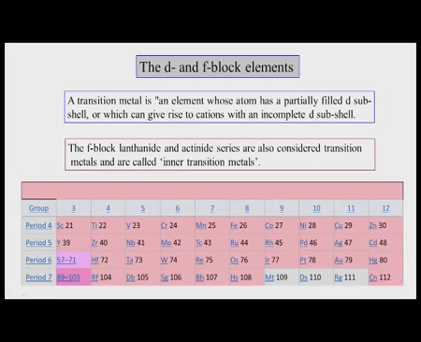We have already defined this, so we are excluding zinc, cadmium and mercury from this list, because these are group 12 elements and by that particular definition, the incompletely filled D shell, it cannot be applied to zinc in its ground state or in its most commonly available oxidation state, which is zinc 2 plus.